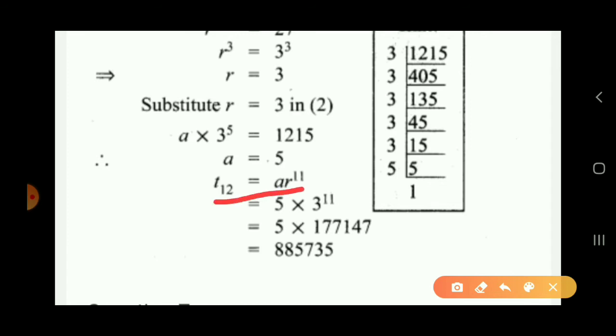T12 is equal to A R power 11. So A is 5 and R is 3, so 5 into 3 power 11. 3 power 11 is 1,77,147, multiplied by 5 gives 8,85,735. This is the 12th term of the GP.